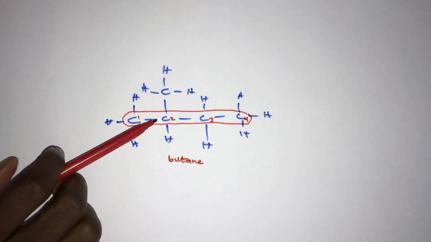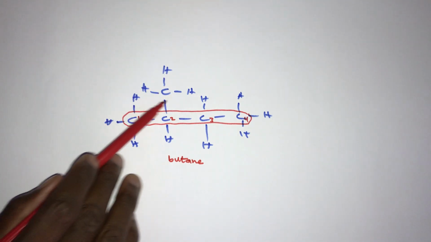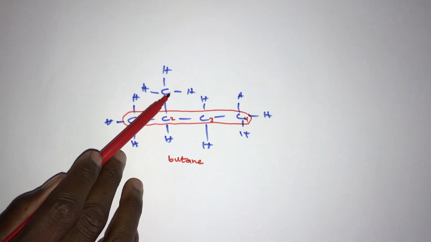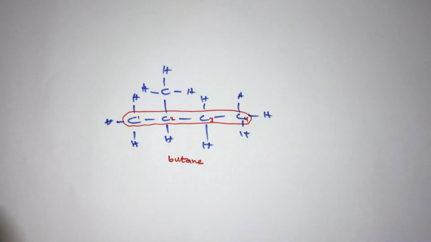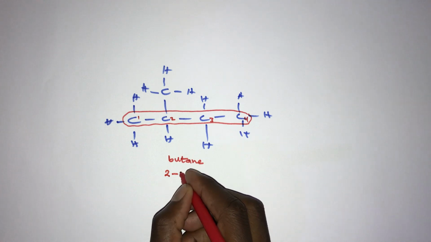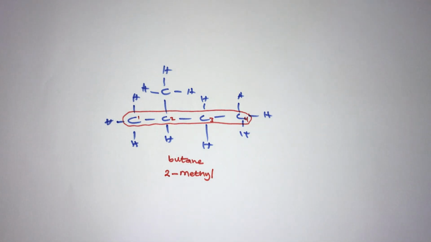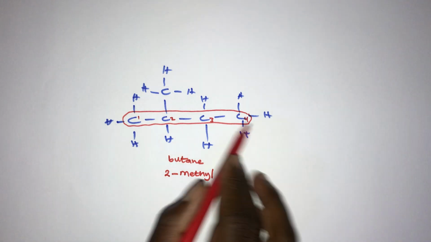Now, in carbon atom number 2, we have a branch. So this branch, it has one carbon atom. So we call it a methyl. So carbon atom number 2 dash, we have a methyl. So since now we identified our branch and our parent chain, now we can write the name of this structure.